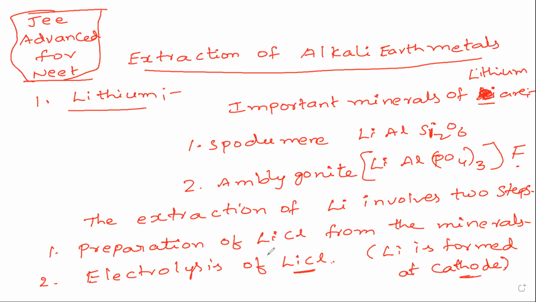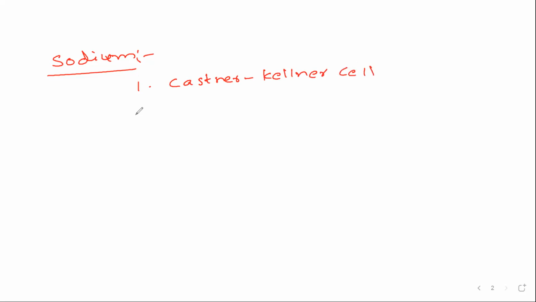First we have done lithium. Sodium we have already done, that is the Castner-Kellner process and Downs process. These experiments are not in the syllabus, we just have to note down this important information. Next, sodium. Sodium is extracted by means of the Castner-Kellner cell, which we have discussed already. And second one, we have the Downs process. So what is the Downs process?